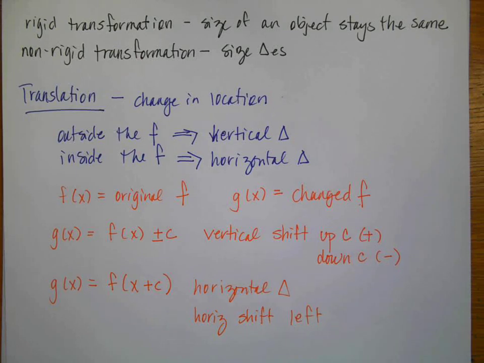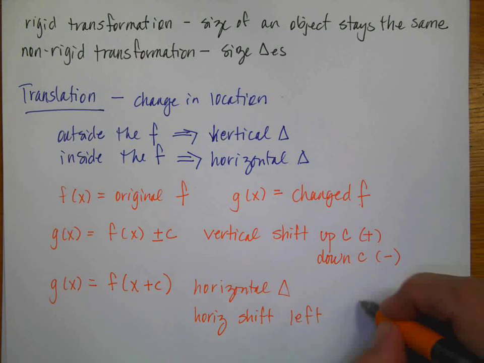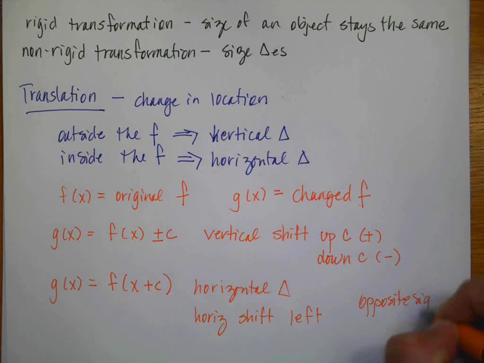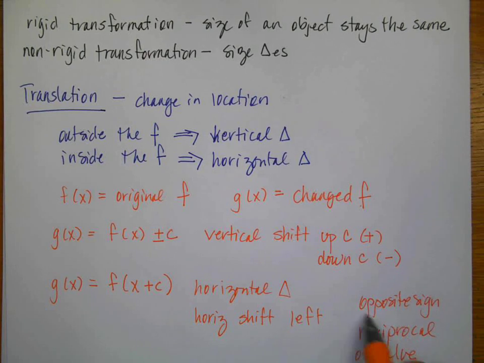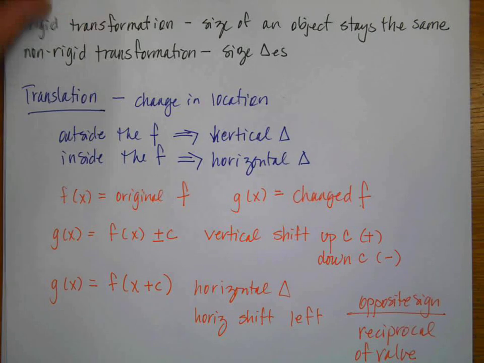This is one of the things that's also fairly tricky when we start talking about inside and outside. Whatever is outside the function is going to have the sign that's listed. Anything that's on the inside of the function is always going to be either the opposite sign or the reciprocal of the value inside. And I'll explain that more as we go along. Today, we're just going to be talking about the opposite sign.